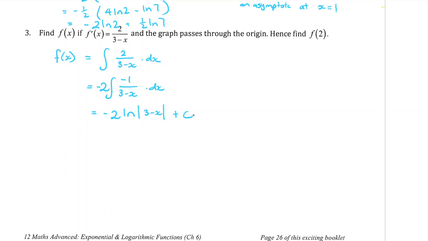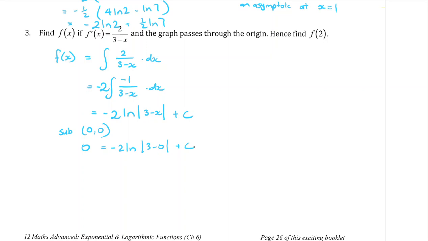All right, then, once I have this, I'm told that it passes through the origin so that I can work out my constant. I'm going to sub 0, 0. Okay, so y is 0, x is 0, and then plus c.